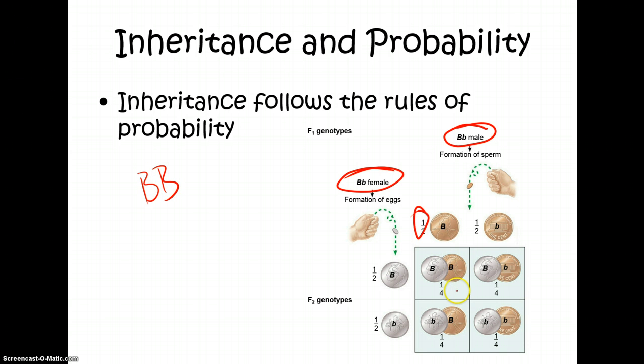If you take a look at the Punnett square, this is the only one that has 2 big B's. So I've got 1 out of 4 possibilities, a 1 out of 4 chance.